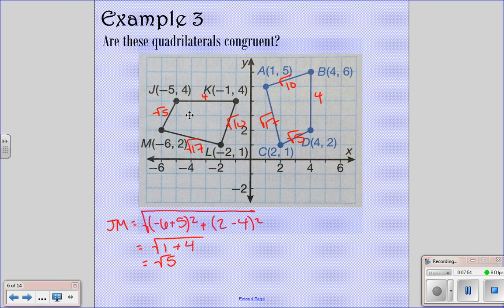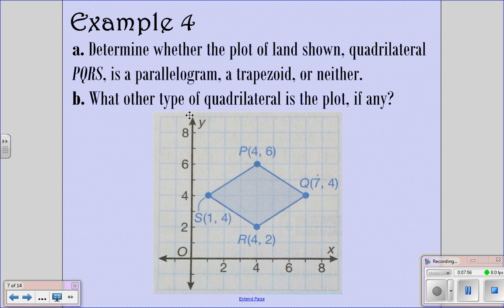Looking at this next one, determine whether the plot of land shown is a parallelogram, a trapezoid, or neither. So we need to see, are the sides parallel or not? Well, going from S to P, our slope is up 2 and then over 3.